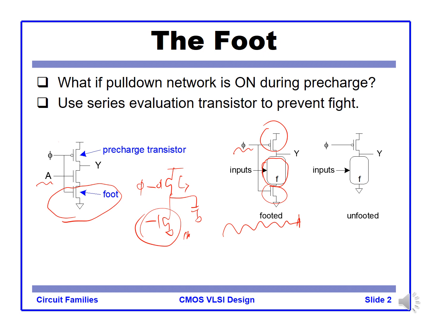So we are not using the PMOS network. PMOS is very inefficient for logic evaluation because it adds more input capacitance. So we only use the NMOS pull down network for this kind of dynamic logic arrangement.